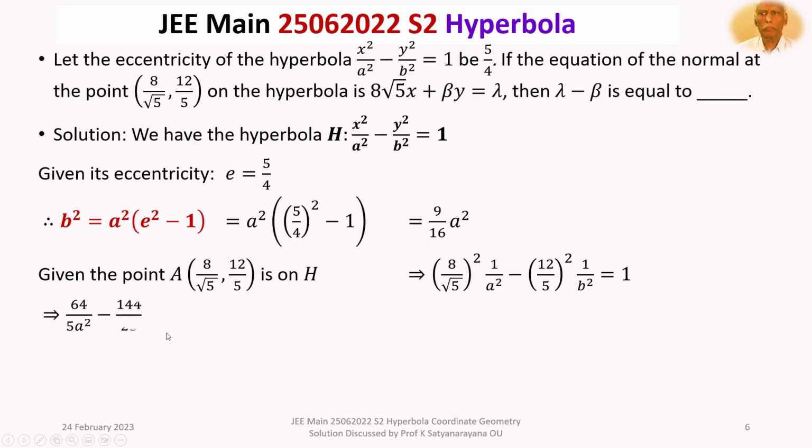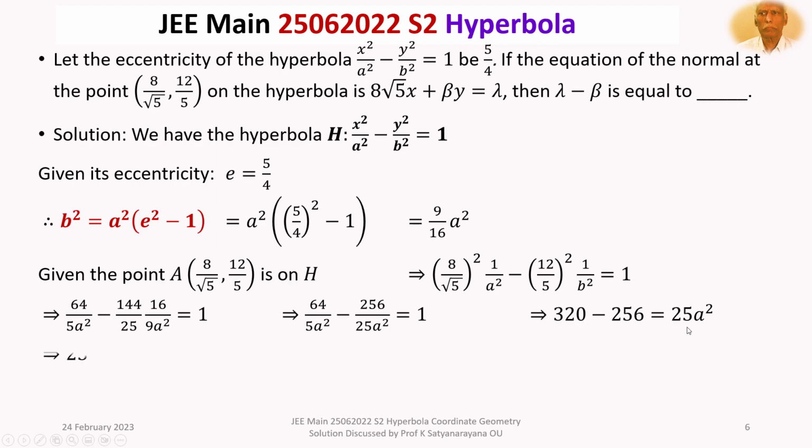Now simplifying, we will get 64 by 5a square minus 144 by 25 into 1 by b square, where 1 by b square is 16 by 9a square, is equal to 1. Simplify and we get 320 minus 256 is equal to 25a square. That will imply 25a square is equal to 64, a square is equal to 64 by 25.